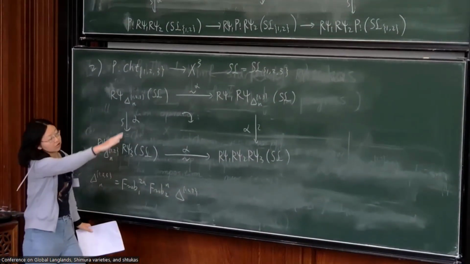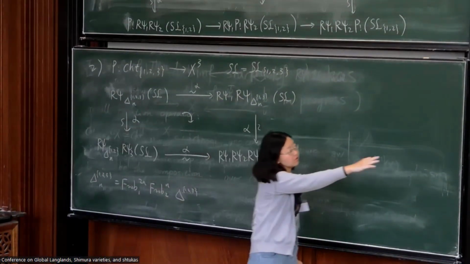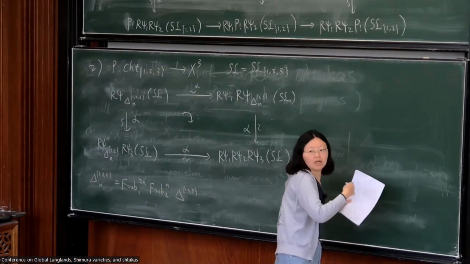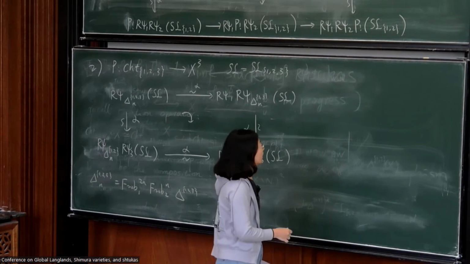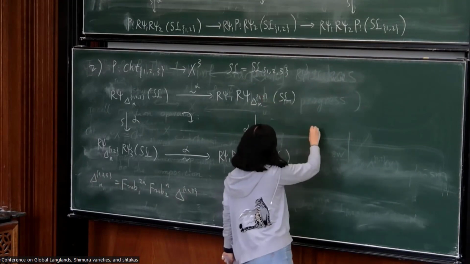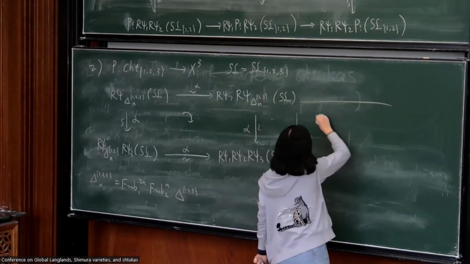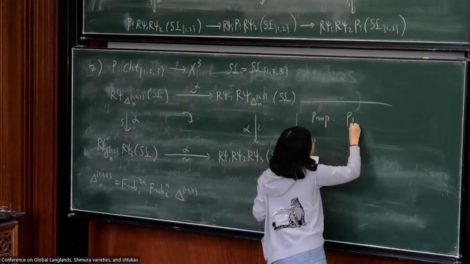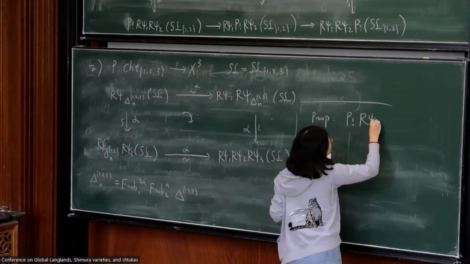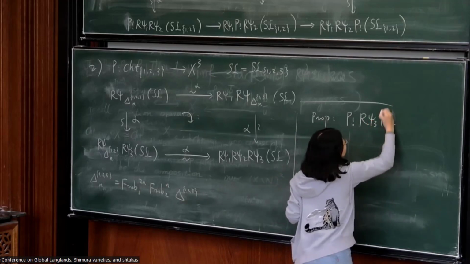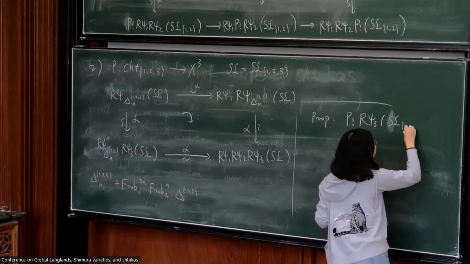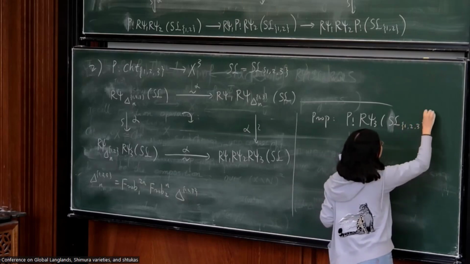So we use this to construct the map, and then to show that this is really the inverse, we have the very big diagram for injectivity and surjectivity. What we need, except the claim, is just a proposition, and it says that if we do FC and then push forward, it is still a constant sheaf.